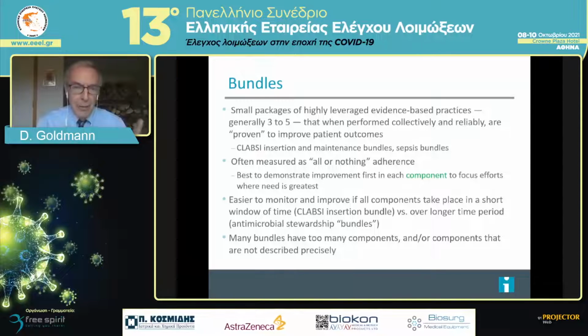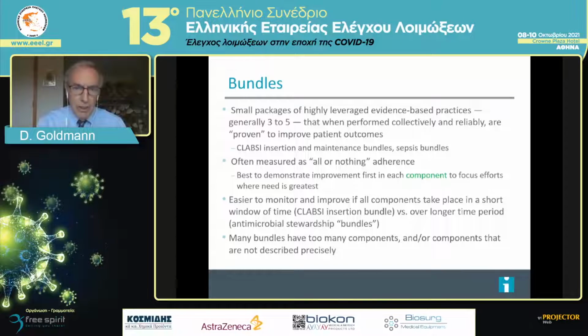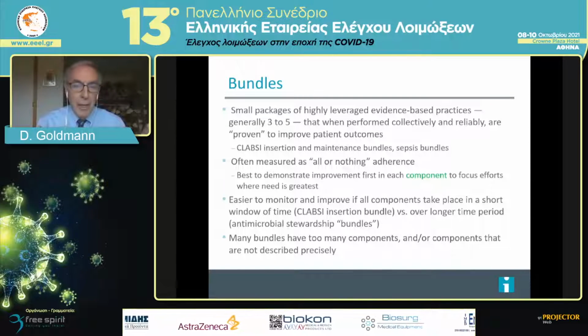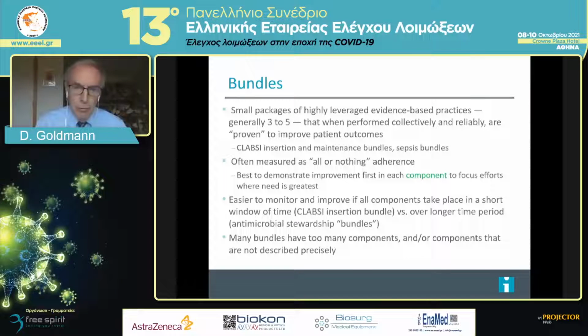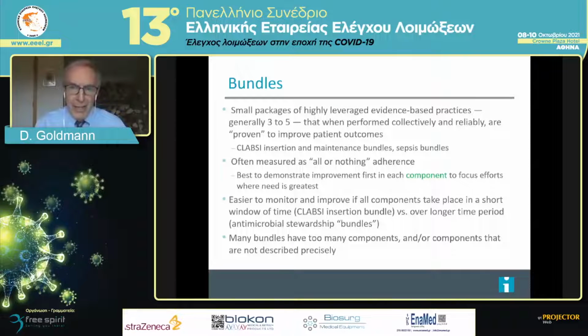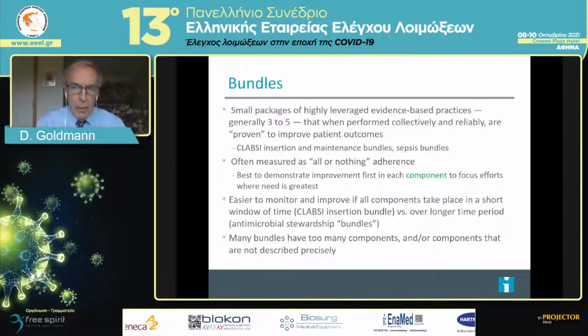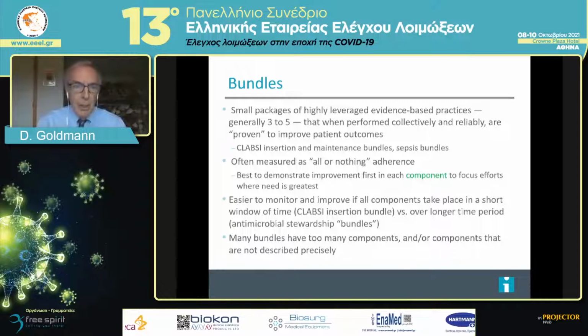But it's very important at the start to measure each component to see whether or not it's improving. If your all or nothing measure is not showing improvement, it may be because of one aspect. For example, large sterile drapes aren't available for the CLABSI bundle, and that's holding you back. So I always say start by measuring each component and then move to the all or nothing.